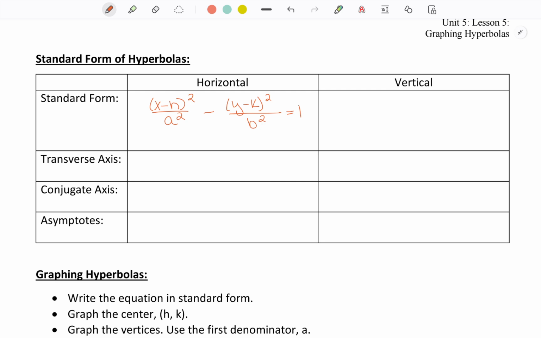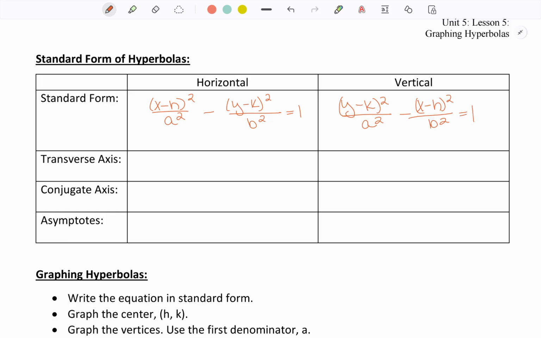And then if you're vertical, you are going to have (y minus k) squared over a squared minus (x minus h) squared over b squared, and that equals 1.